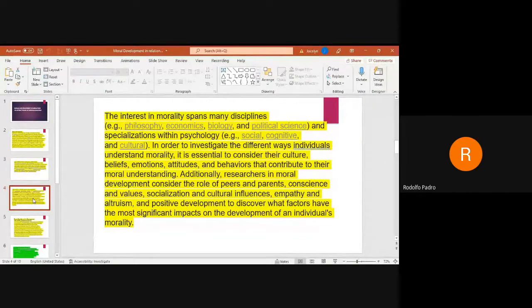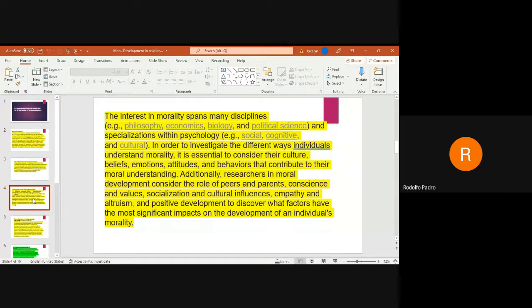So cultural aspects also determine the view of morality, just like, for example, the differences between religions. In order to investigate the different ways individuals understand morality, it is essential to consider their culture, beliefs, emotions, attitudes, and behaviors that contribute to their moral understanding.